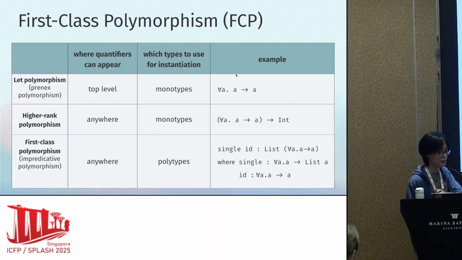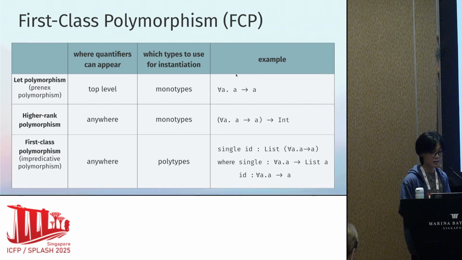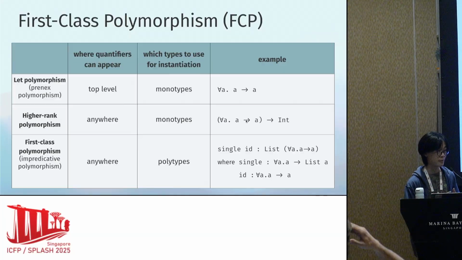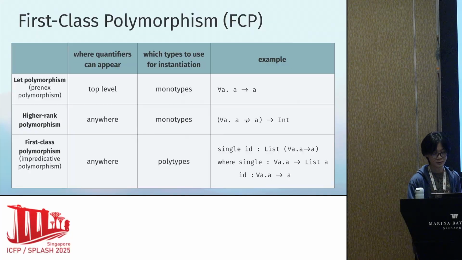And we have higher-rank polymorphism, where quantifiers can appear anywhere, but we can still only use monotypes to instantiate a polytype. For example, here we have a function which takes another polymorphic function as an argument. And we have first-class polymorphism, which is the same as higher-rank polymorphism in that quantifiers can appear anywhere, and we can also use a polytype to instantiate another polytype.